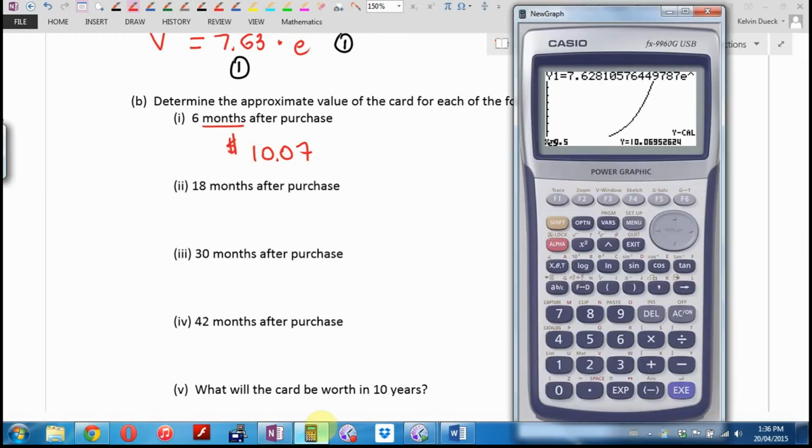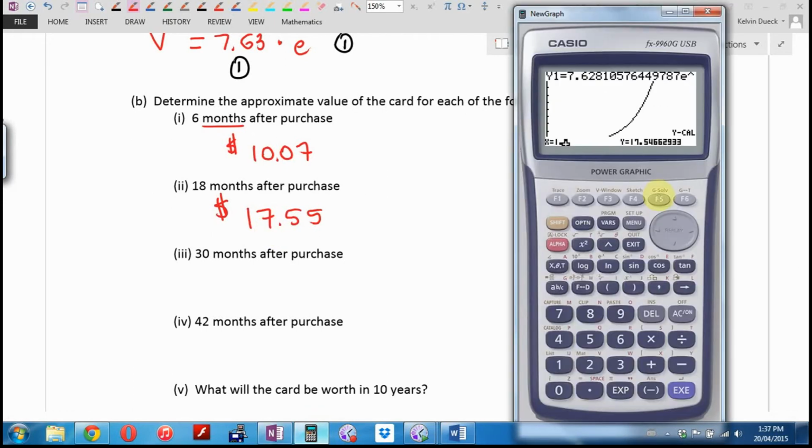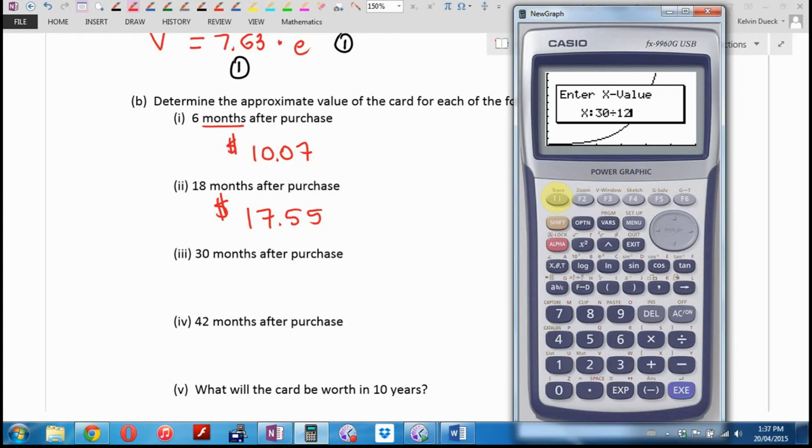18 months, well, that would be 1.5 years. 18 months is a year and a half. Now it's worth $17.55. 30 months. I wonder if it'll actually let me go 30 divided by 12. Hey, it will. There we go. I can even have it do the conversion for me. Is it $30.58?